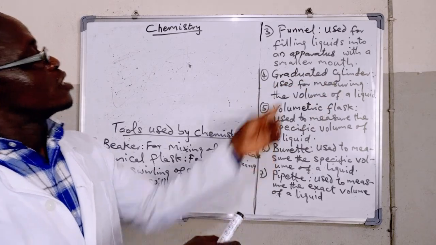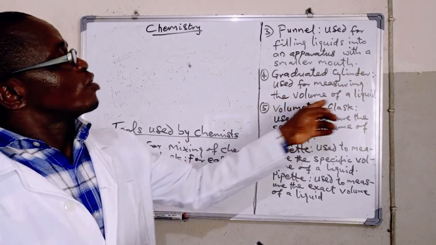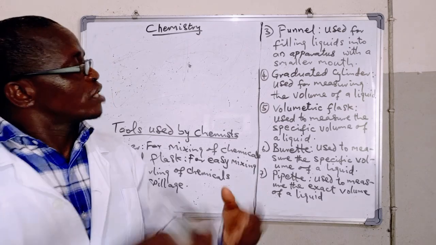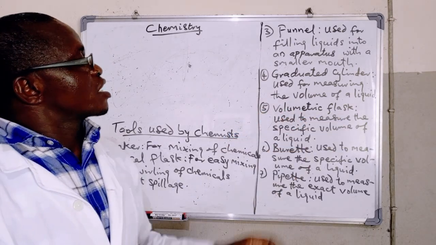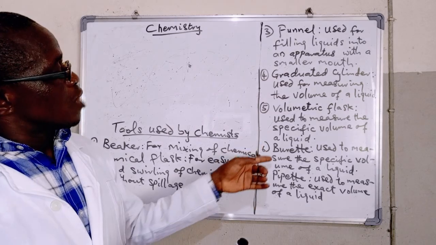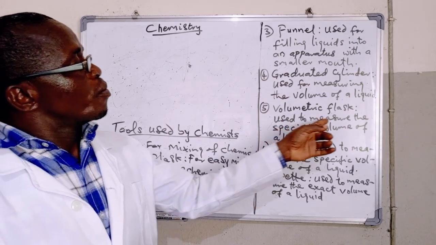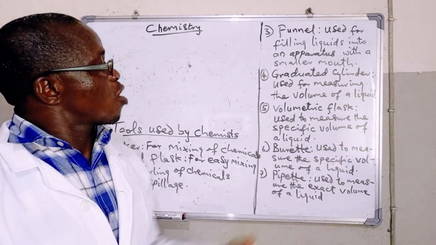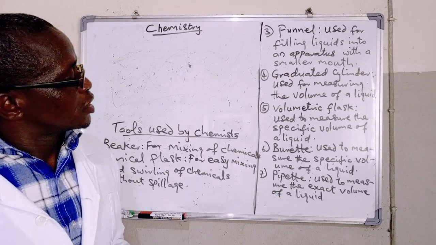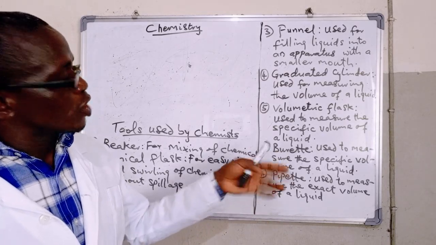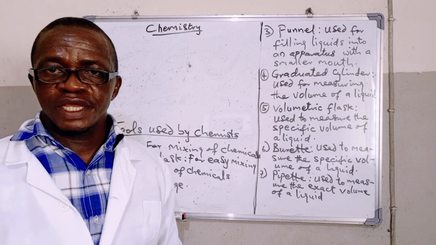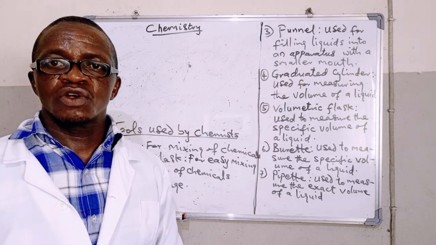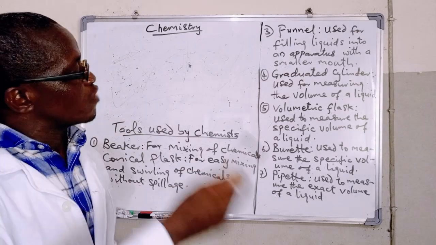Graduated cylinder, used for measuring the volume of a liquid. Volumetric flask, we use it to measure the specific volume of a liquid. Sometimes an examiner may ask you to mention two or three apparatus used to measure specific volume of a liquid.